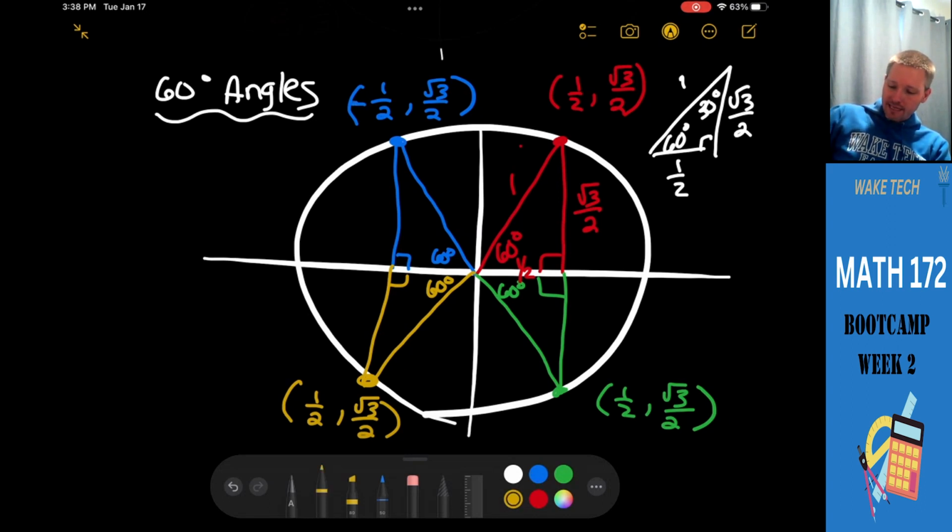In quadrant 3, x and y are negative. And in quadrant 4, y is negative. So we're mostly there. We still need the angle, so in quadrant 1, 60 is the angle.